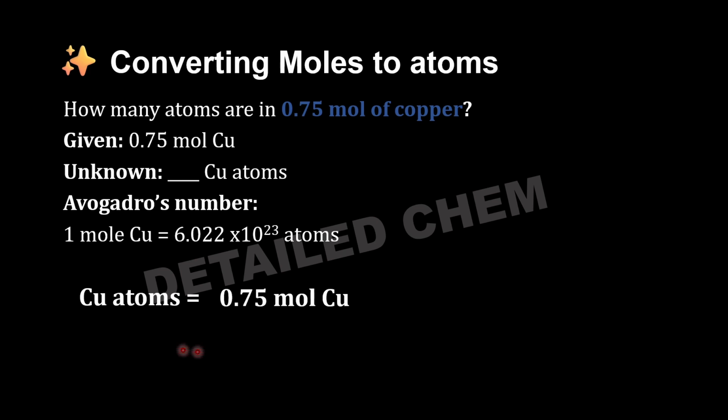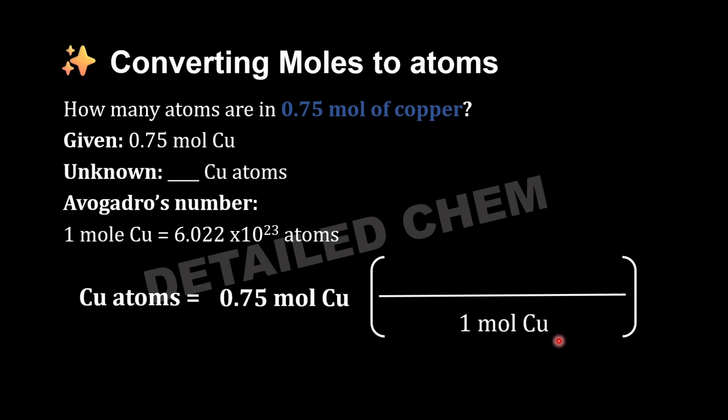So copper atoms is equal to 0.75 mole of copper, given in the problem, multiplied by a denominator of 1 mole copper, so that we can cancel out these units, and then the numerator is 6.022 times 10 to the power of 23 atoms.